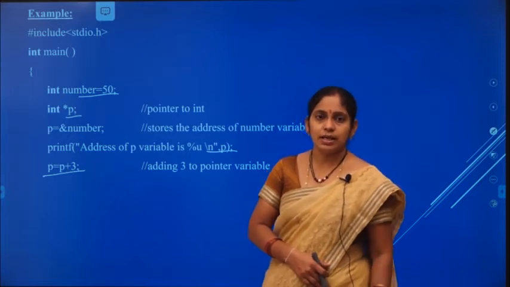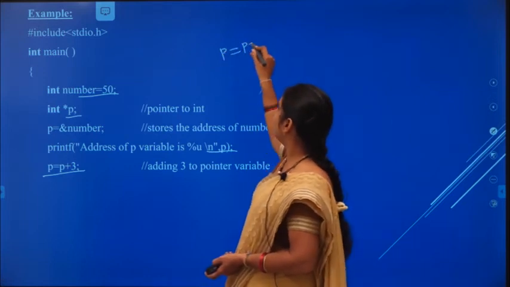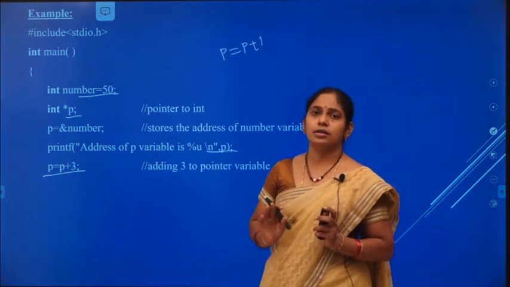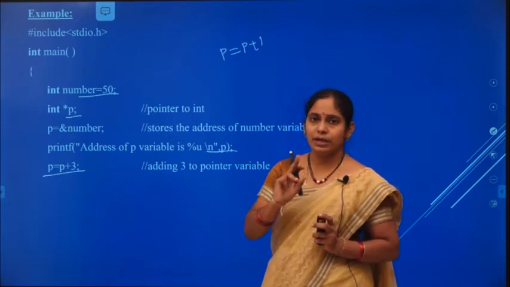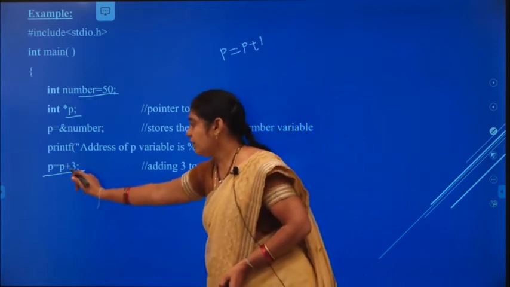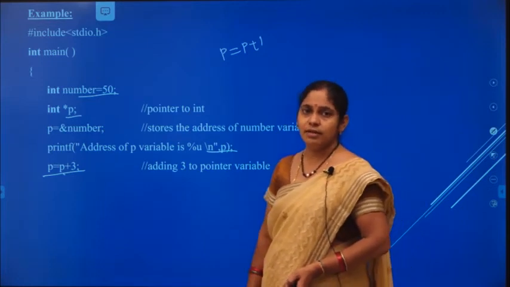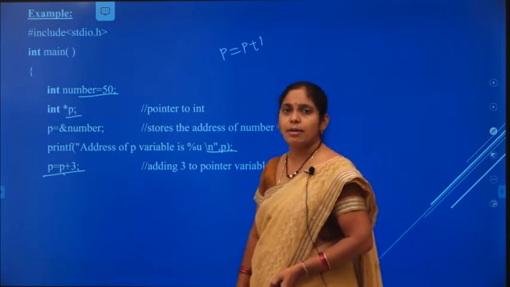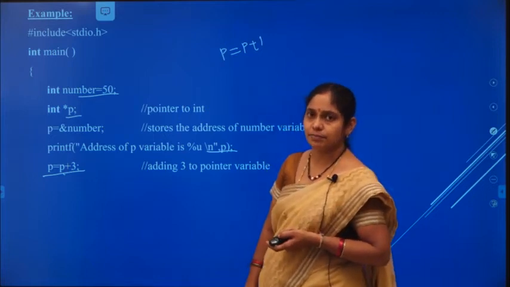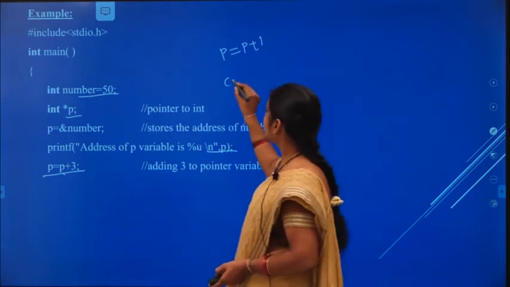P plus 3. In the increment operation, what did we do? P equal to p plus 1, so by default it is incremented by 1. Here it is addition, so we add 3 to p. What is the syntax? Current address plus number into size of the data type.